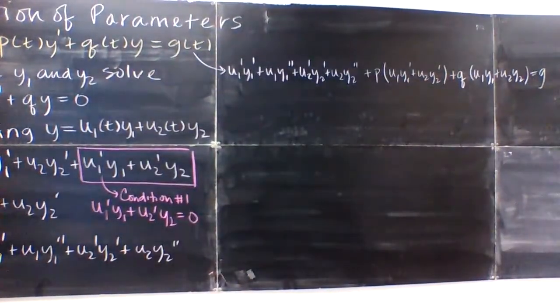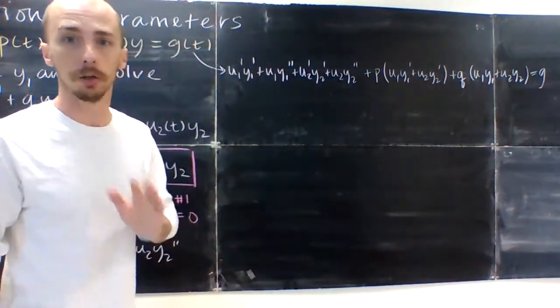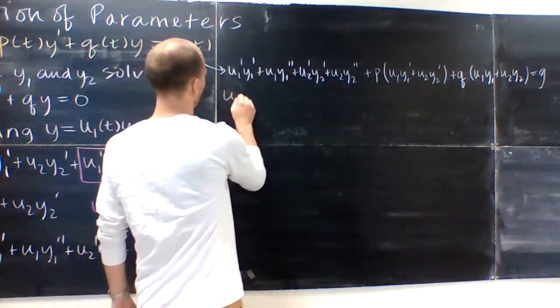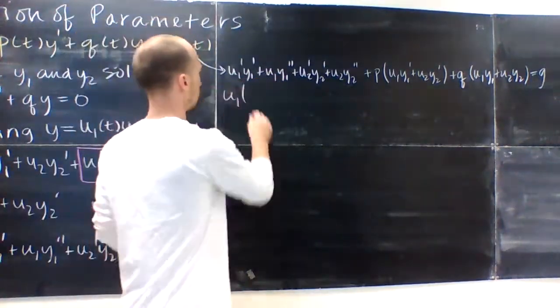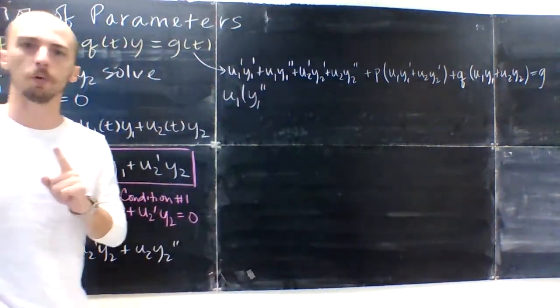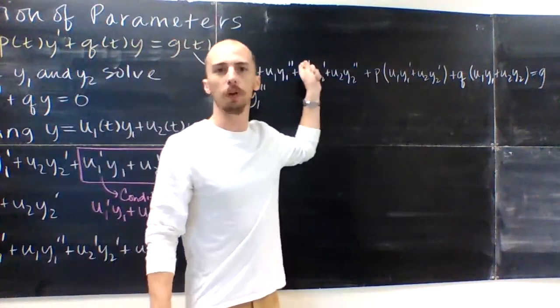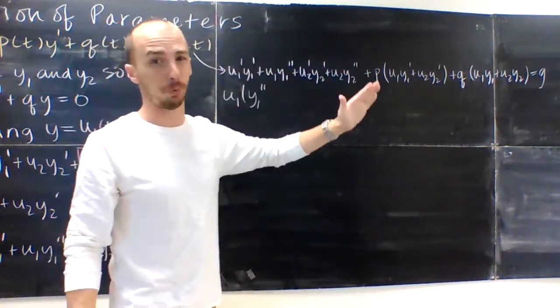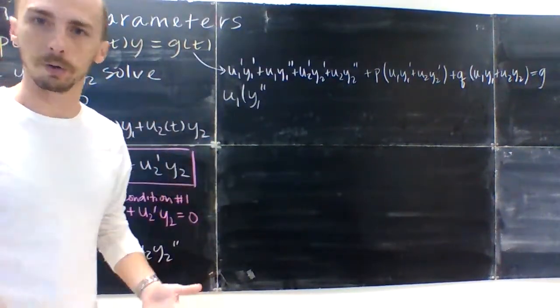All right, now I'm going to start collecting stuff together. I'm going to collect everything with a u1 first, regular u1, not u1 prime. So I've got a u1, and I'm left with y1 double prime. As I deal with these terms in this equation up here, I'm going to strike through them so that I know I've got everything, because I need to collect and rearrange these things.